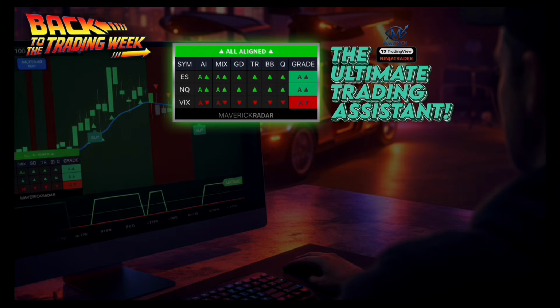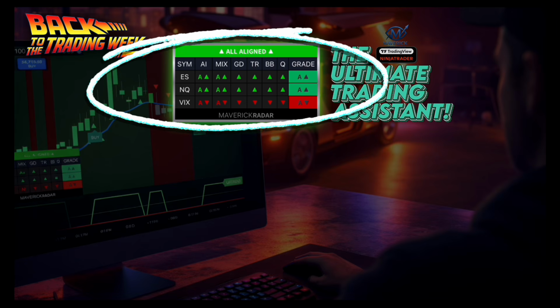We're going to take trades using the ultimate trading assistant, the Maverick Radar. If you haven't seen this indicator yet, you're in for a treat. This thing is an absolute game changer, especially when you stack it on top of your other Maverick indicators. We truly believe it is the ultimate trading assistant.